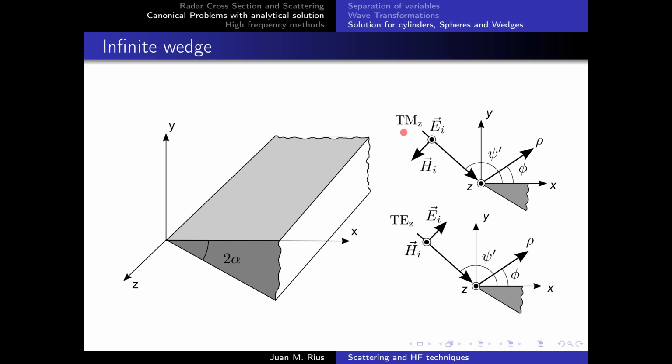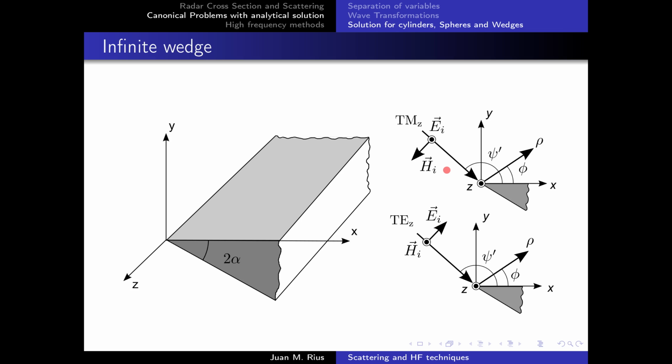So in TM the magnetic field is transverse to the z axis, so the magnetic field is parallel to xy plane, and the electric field is parallel to z axis, exactly the same as in the circular cylinder case. Similarly, in TE polarization we have the electric field transverse to z direction, that is parallel to xy plane, and the magnetic field parallel to z axis.